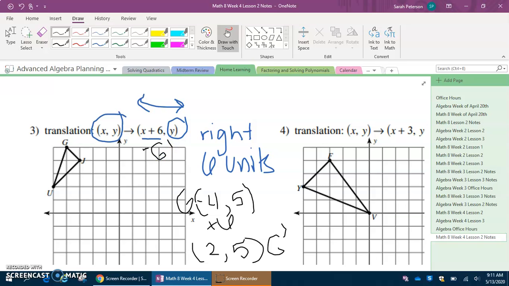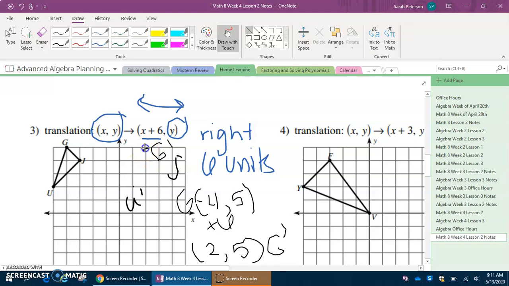And so I can just take each point and move it 6 units to the right. 1, 2, 3, 4, 5, 6. So that would be here, and that would be j prime. And then do the same for u. 1, 2, 3, 4, 5, 6. So it'll be right here, and that will be u prime. And then you can just connect your dots here.